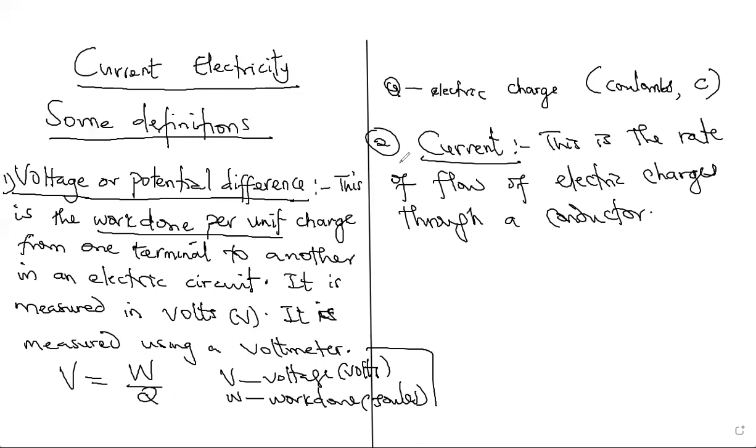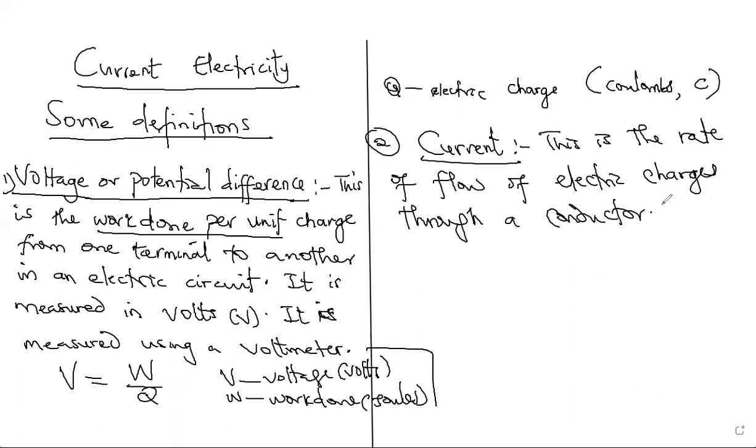Voltage is potential difference, so there will be a region of high potential and another region of low potential, and current will flow from higher to lower potential. Take note of that.